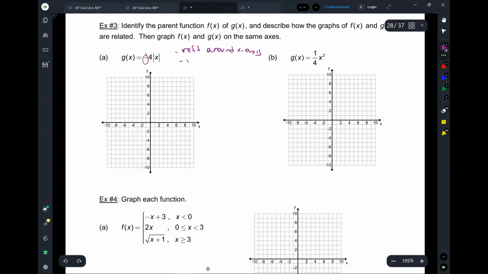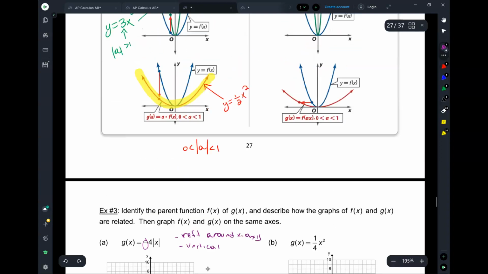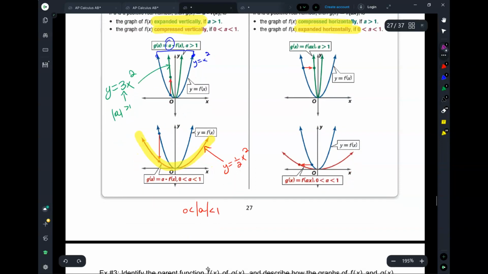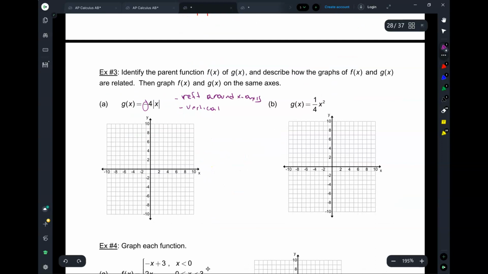And there is a vertical dilation there, right? Is it expanded or compressed for that one? Expanded. Good. It's a vertical expansion.